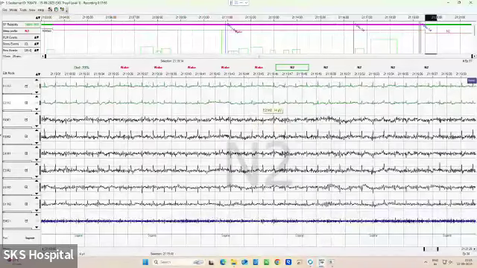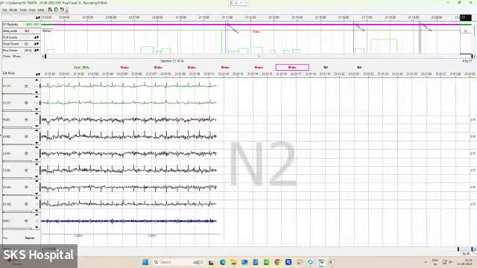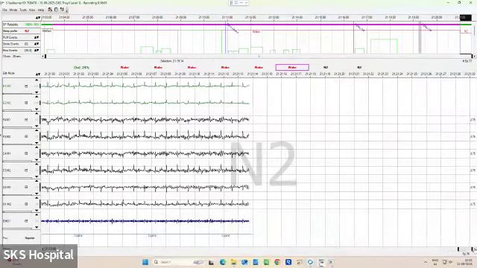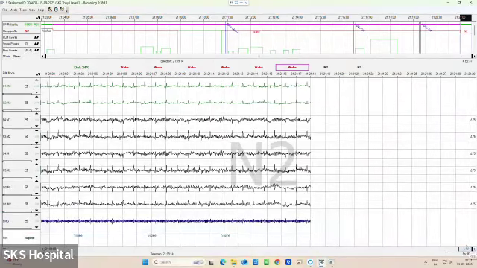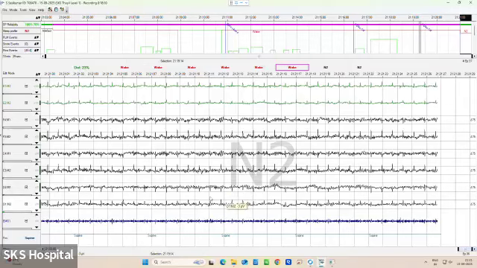This is again a wake stage. The patient is still awake. These are all alpha waves, which are prominent on occipital leads.